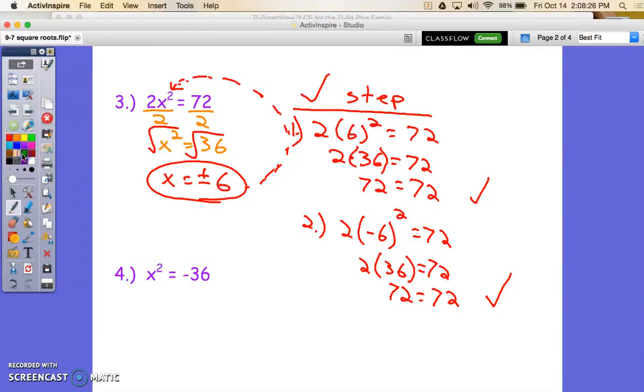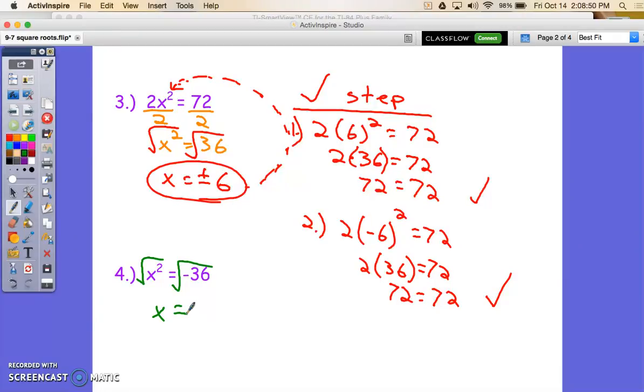Now let's move on to number 4 down here. We're going to do this one together because we're going to go through and do our usual move. And notice what we'd be left with. We have to actually find the square root of negative 36. So think to yourself, what number times itself gives you negative 36? Exactly. Some of you are probably thinking, wait a second, that can't be possible. You are correct.